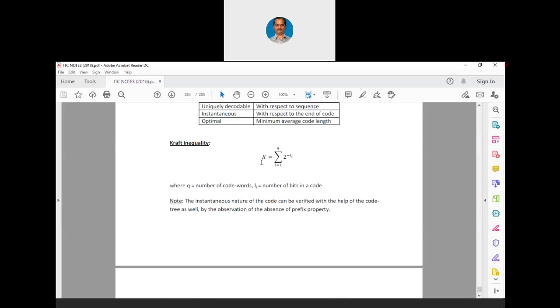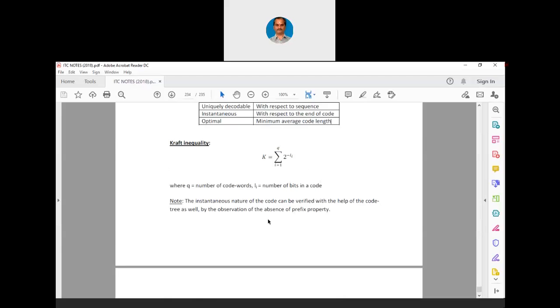Here this is defined as K equals summation of i equals 1 to q, 2 power minus li. This was derived earlier in the theory classes. Here q is the number of code words and li is the number of bits in a code. Now this inequality has to be satisfied for an instantaneous code. That is how we used this Kraft inequality.